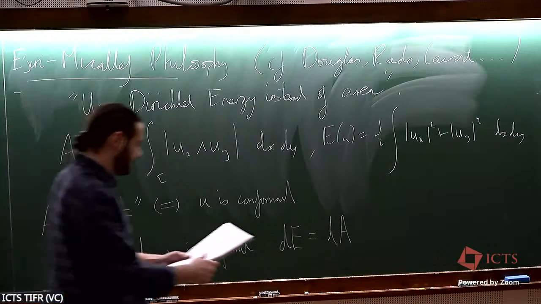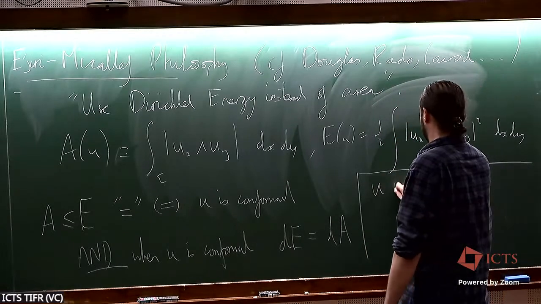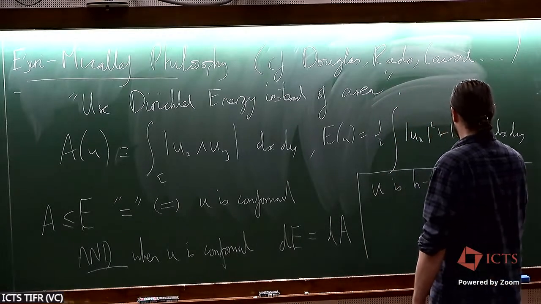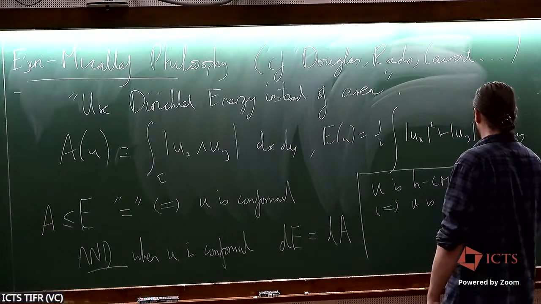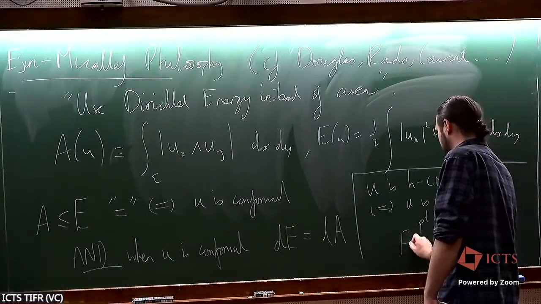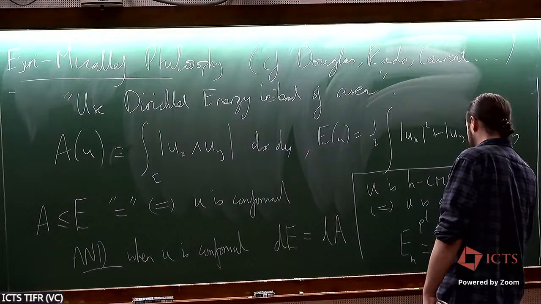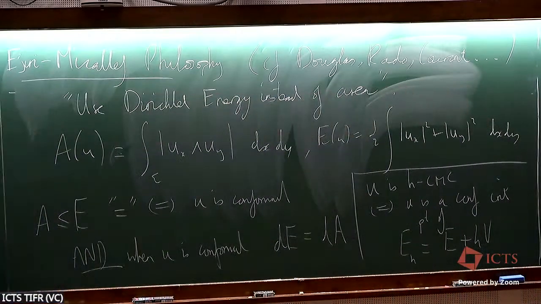So in particular, U is H-CMC if and only if U is a conformal critical point of E_H, which is Dirichlet energy plus H times volume. The volume part doesn't change. So we have two definitions of H-CMC that we can use, and we're trying to understand the second variation.